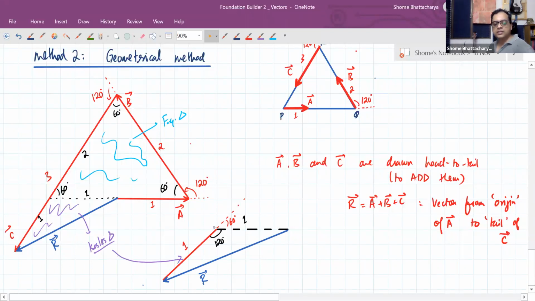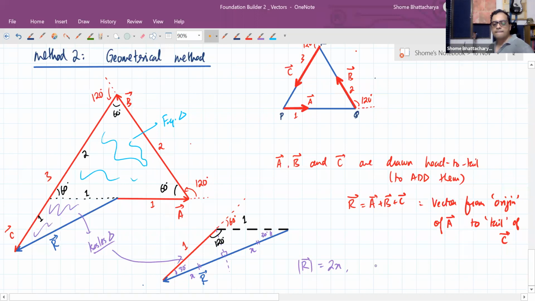Okay. So now in this isosceles triangle, we can just drop this perpendicular that will bisect this side. So you can see that magnitude of R will become 2x. In that triangle, this angle is equal to this angle, it's 30 degrees.